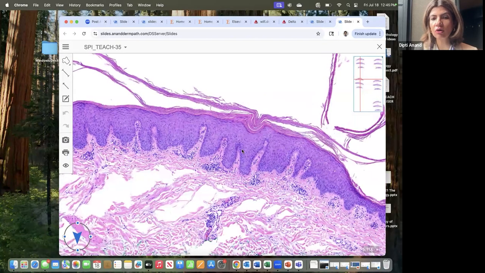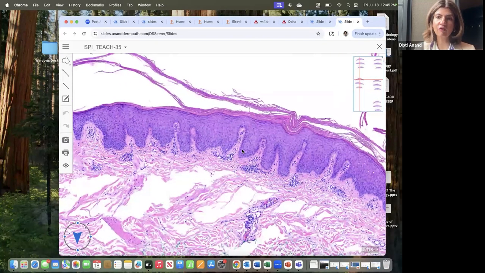So overall, the epidermis is psoriasiform, but it doesn't look perfectly psoriasiform like psoriasis because it is not that thick. The rete ridges are fatter, they are plumper, and the suprapapillary thinning is not that prominent. The suprapapillary plates are actually thicker as compared to psoriasis.